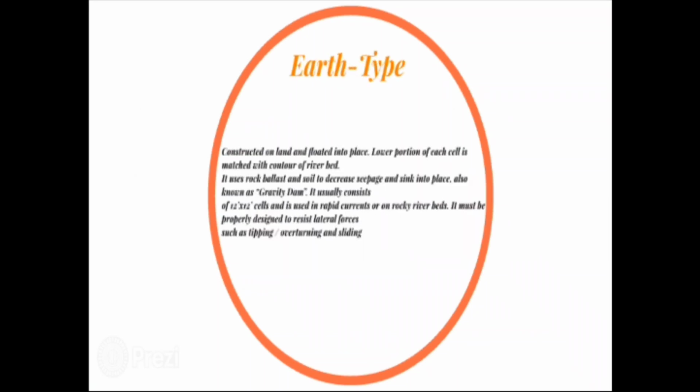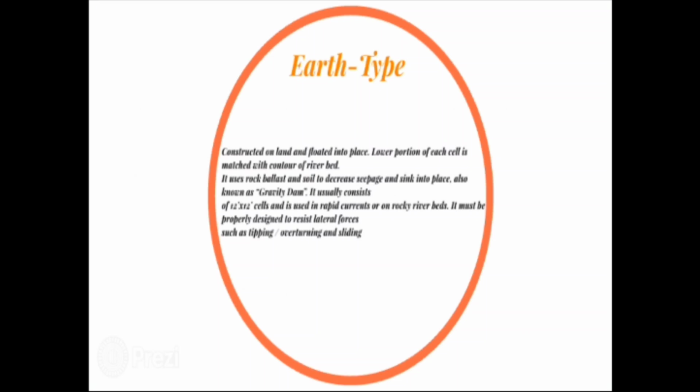Second is the earth type, constructed on land and floated into place. The lower portion of each cell is matched with the contour of the riverbed. It uses rock ballast and soil to decrease seepage and sink into place.